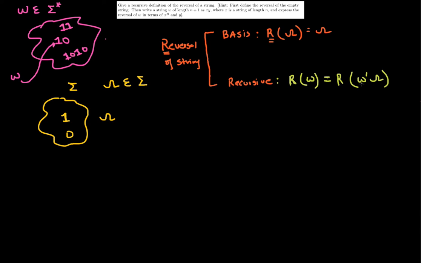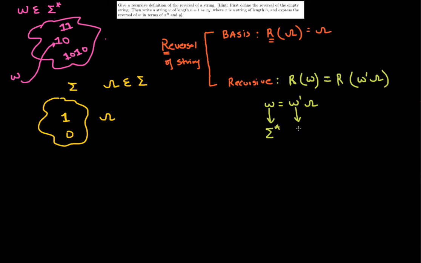Now what does that mean? This means that w, the string w, is a concatenation of some string w prime followed by omega. So let's define these variables. The moment you use a variable in your expression, you need to define them. So again, w is some string that belongs in summation star.